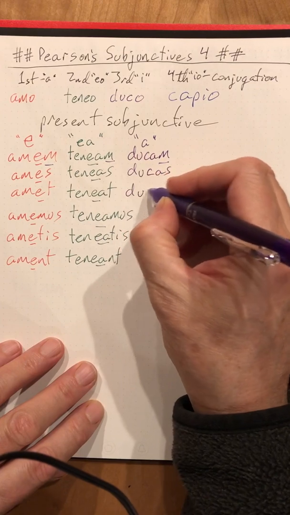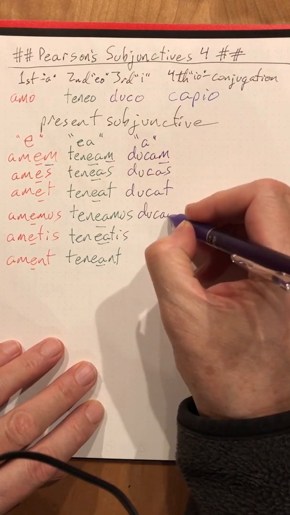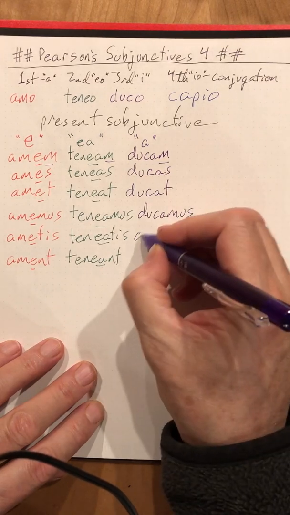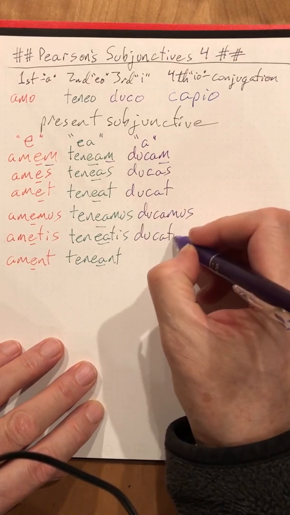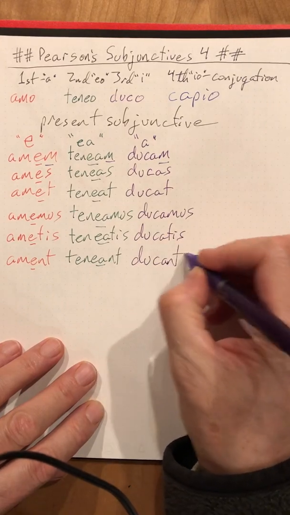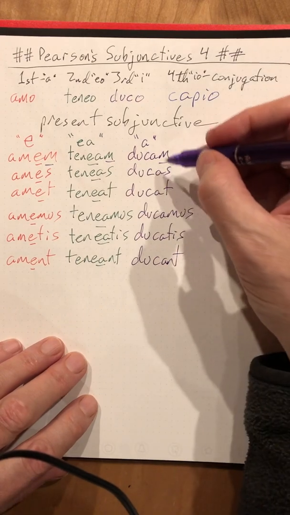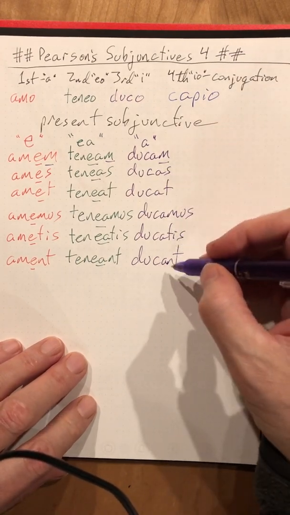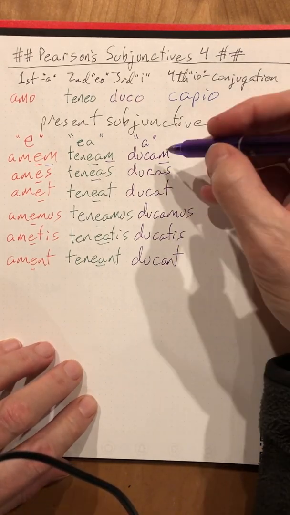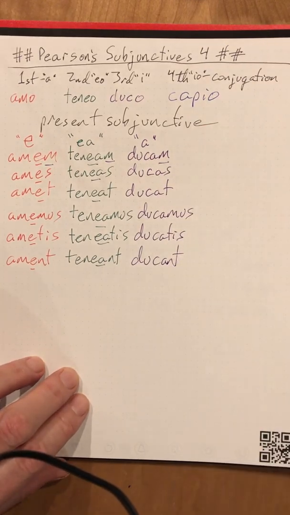You can see the pattern here. Ducat, ducamus, ducatis, ducant. So in the indicative: duco, ducis, ducit, ducimus, ducitis, ducunt. In the subjunctive: ducam, ducas, ducat, ducamus, ducatis, ducant.